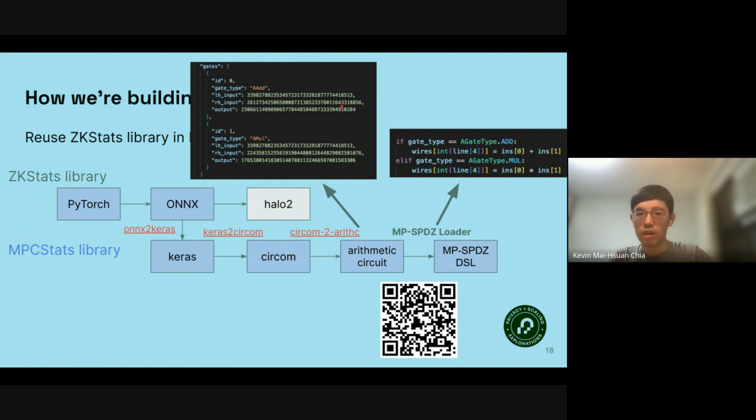So for example, this is add and mul. We just write a translator loader, translate these into the corresponding operations in their DSL, and then we can get the translated circuit in MPSpeed's DSL.